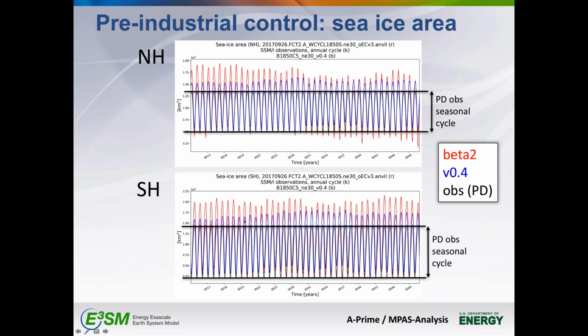You see that it's reasonably steady. The annual cycle is a little bit more pronounced in the southern hemisphere. We have a larger maximum and maybe slightly larger minimum as well, but the southern hemisphere is quite steady.